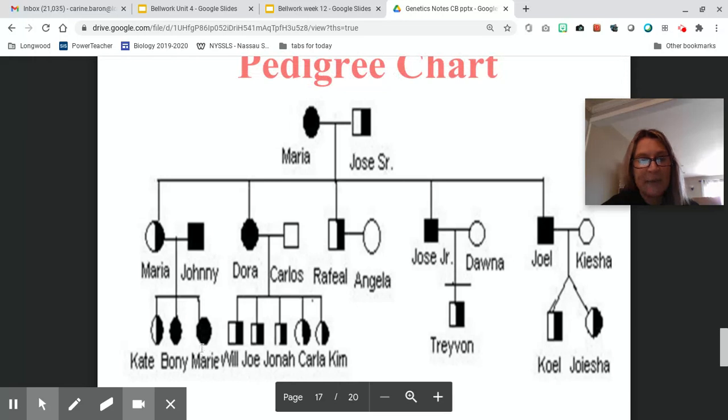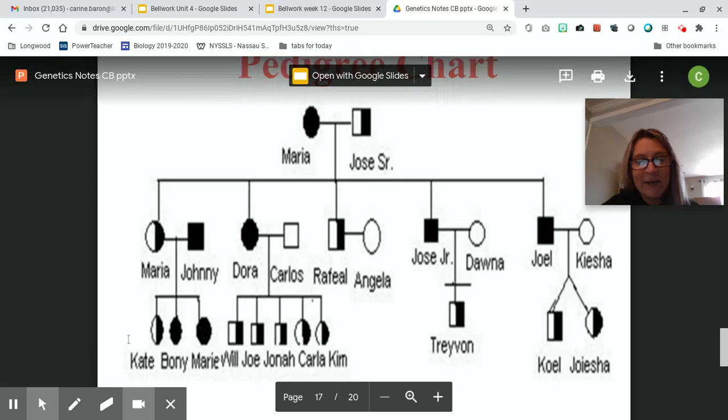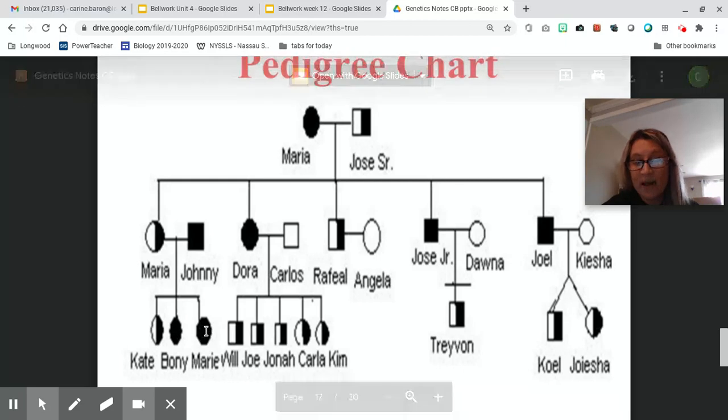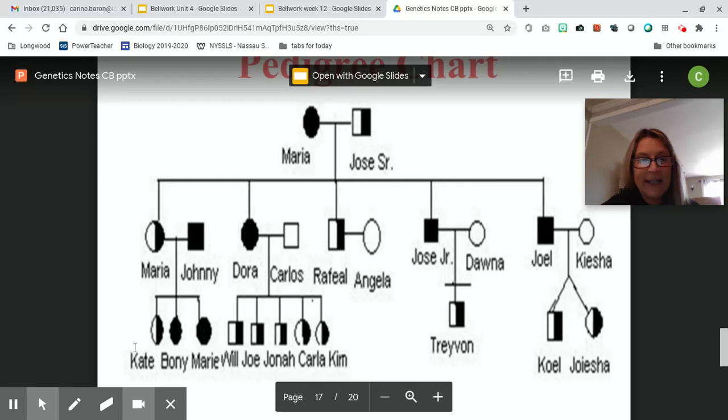Okay, and if we're following this trait, how many of them had the trait? Well, I would say 1 and 2 have the trait. Kate is considered like her mother. What's that word that we use? That's a carrier. So you want to label those carriers.